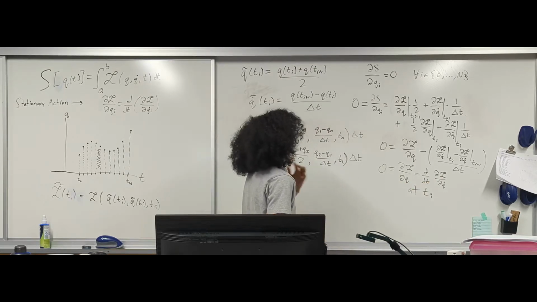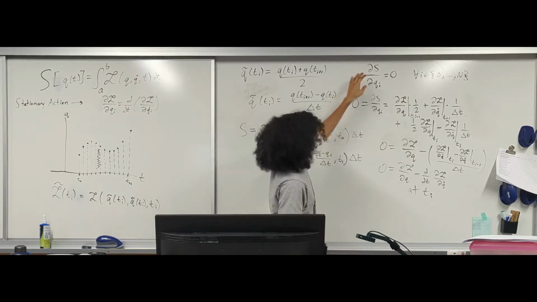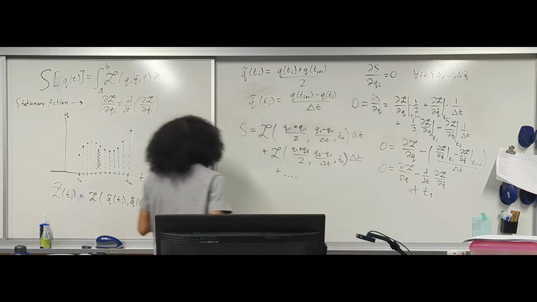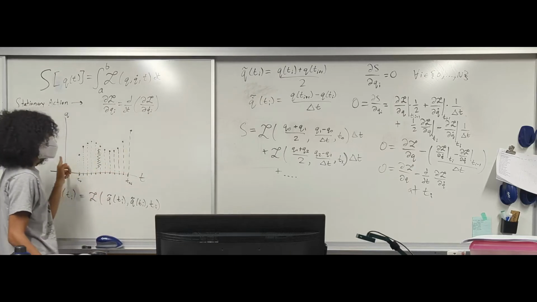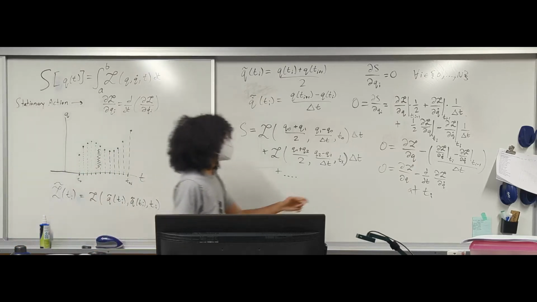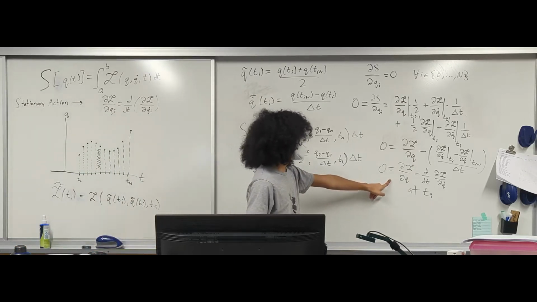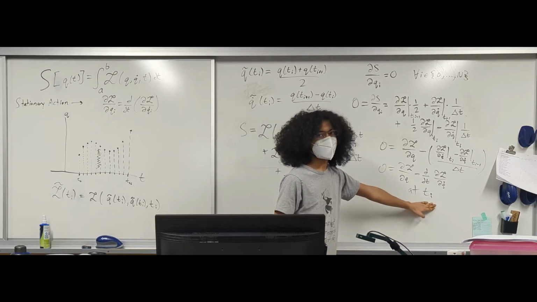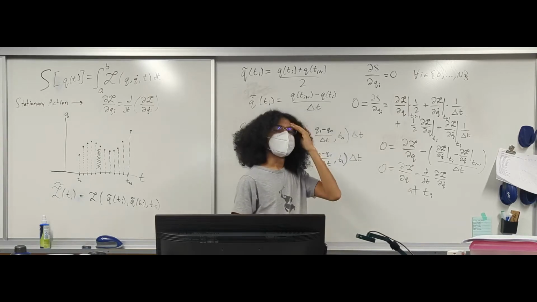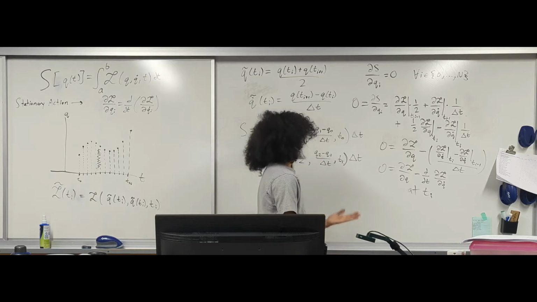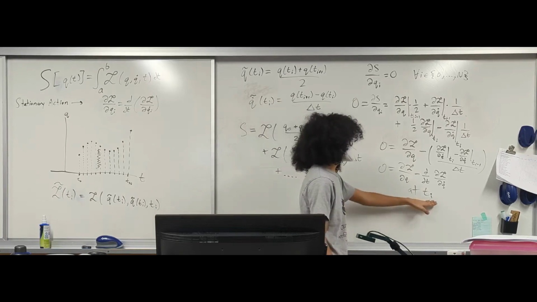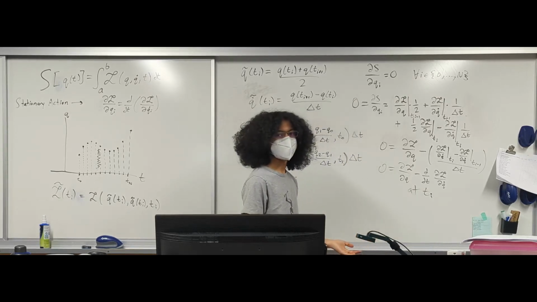So the condition that the action is stationary with respect to varying any of the positions would give you the Euler-Lagrange equation for every time t i. And in the limit, every time t i just becomes all times.